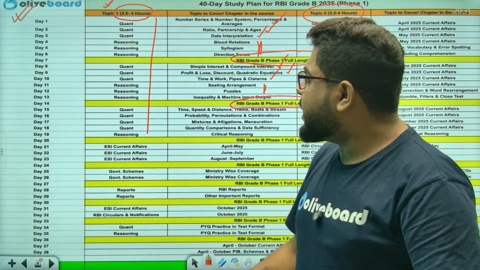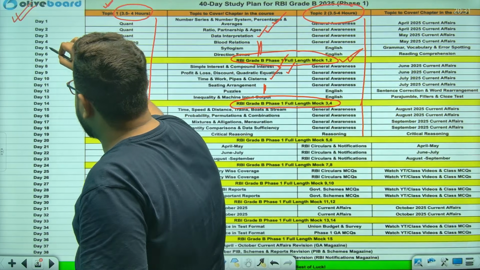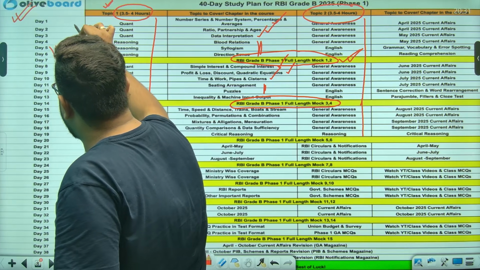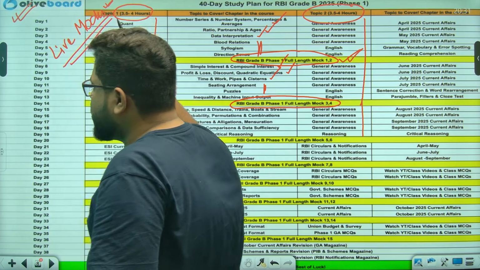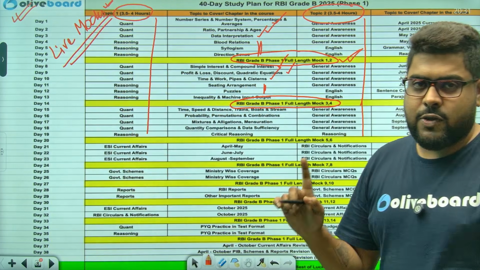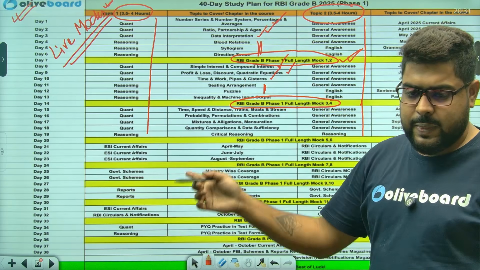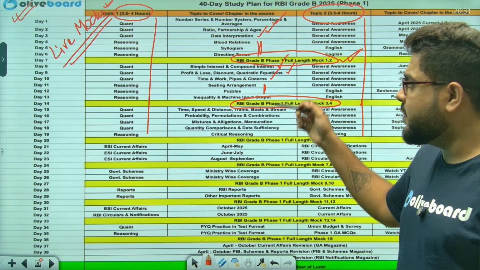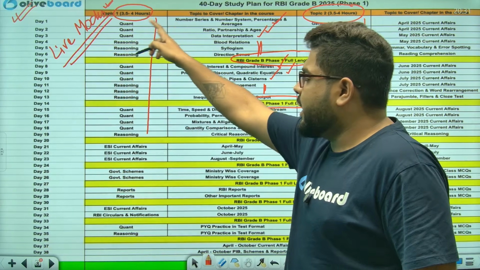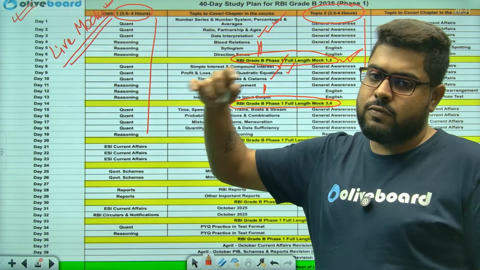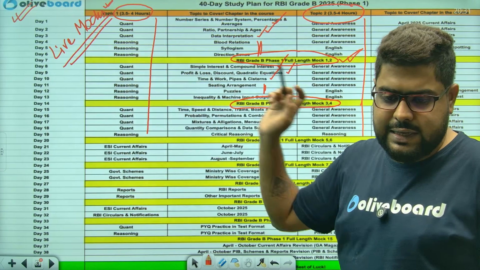And apart from that, let me say this, the free live mocks are a must. Those are a must. These are the paid mocks that you already have. And the live mocks are definitely a must. वो तो जैसे चलेगा चलेगा.